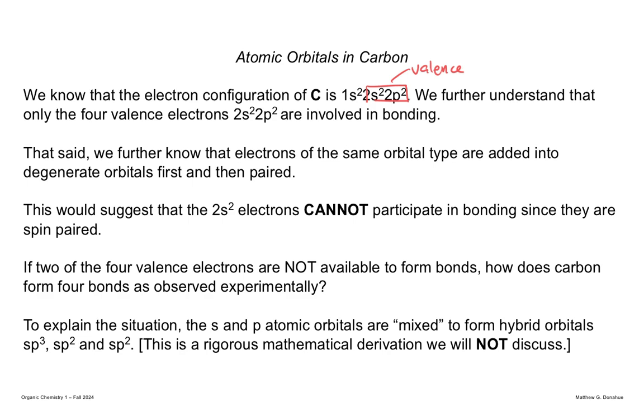So the fallout of all of this is that the s and the p orbitals have to be mixed. And the word we use is basically they hybridize. And all of this is rooted in mathematics, which is, again, beyond the scope of this course. We're just qualitatively concerned. How do we make sense of this? What are the shapes of those hybrid orbitals?